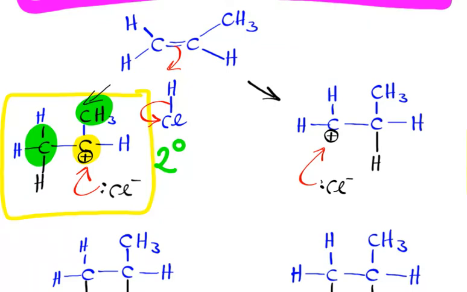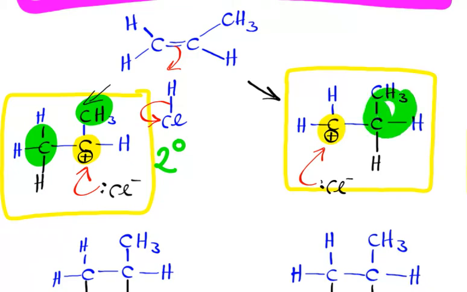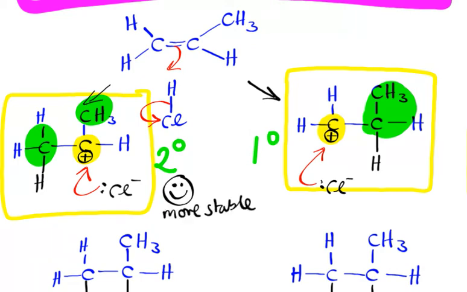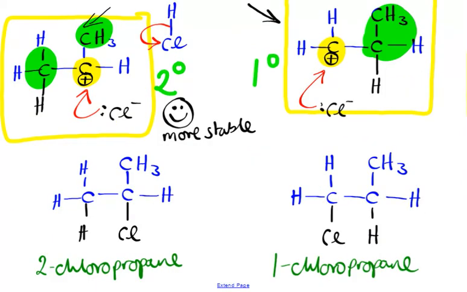Looking at the right hand route, the positively charged carbon is bonded to just 1 R group and 2 hydrogens, so this is a primary carbocation. So the secondary carbocation is more stable, and as a result we would make far more 2-chloropropane in this reaction than 1-chloropropane. So it's the carbocation that we are going through.